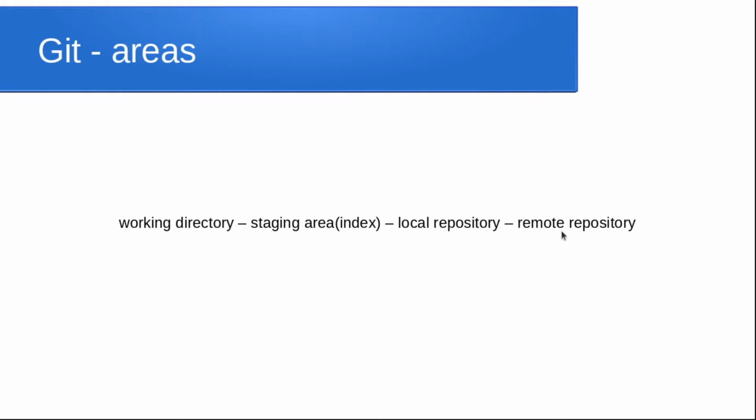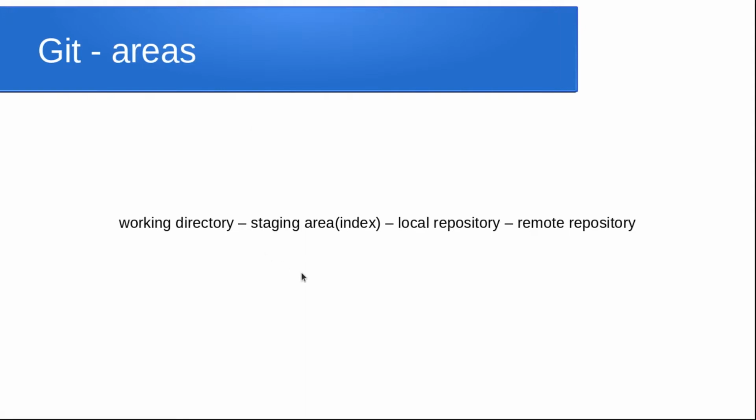We can also initiate backwards motion. From the remote repository, we can fetch some updated changes to our local repository and then transfer them to the staging area and the working directory. So far we are still in the working directory.